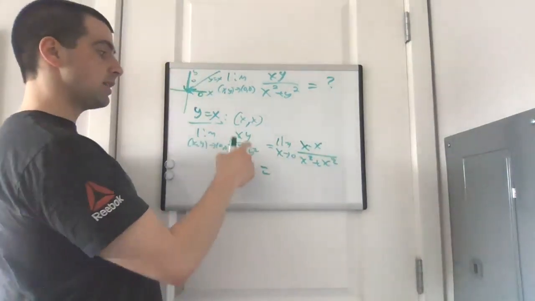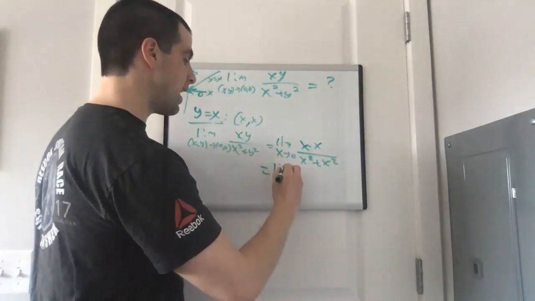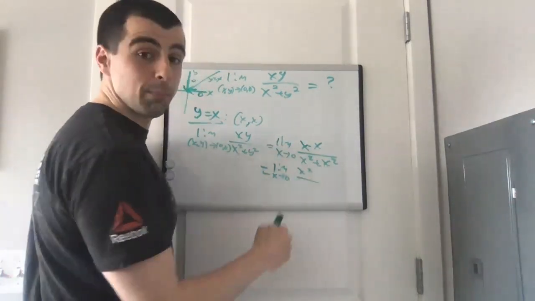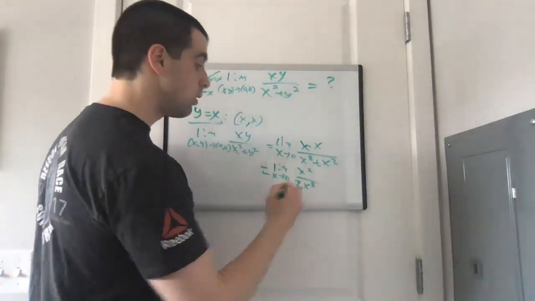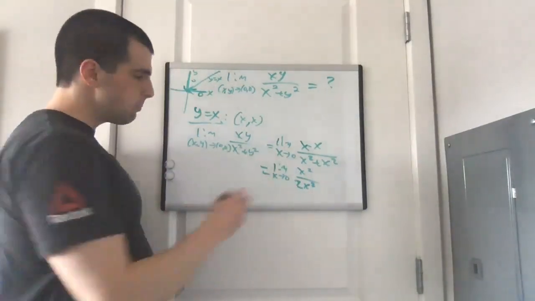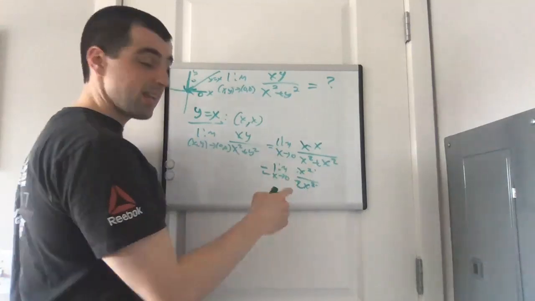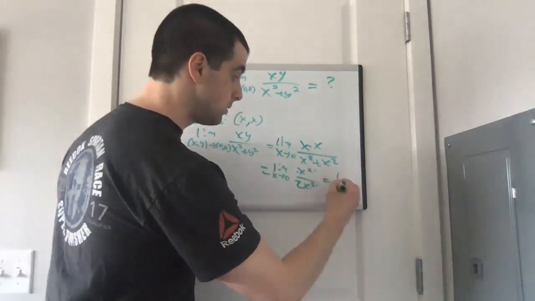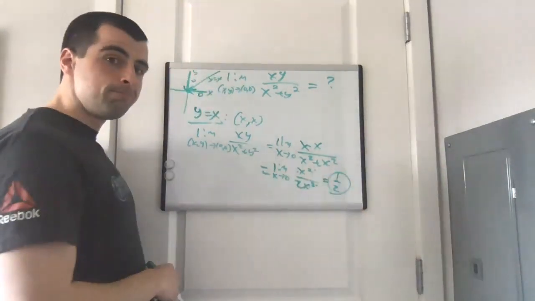Just replacing the y's with x's. We now get, as you can see, x squared on top. Down here we can combine these to make 2x squared. Huh, that's kind of cool. The x squareds cancel, I'm left with 1/2, and therefore the limit as x goes to 0 of 1/2 is 1/2.